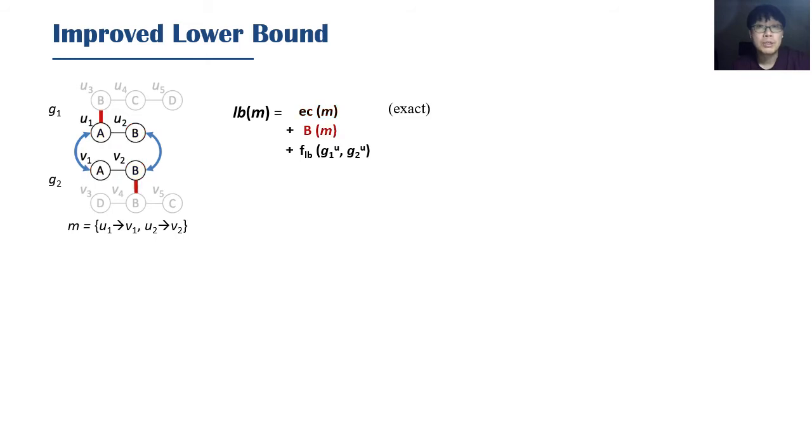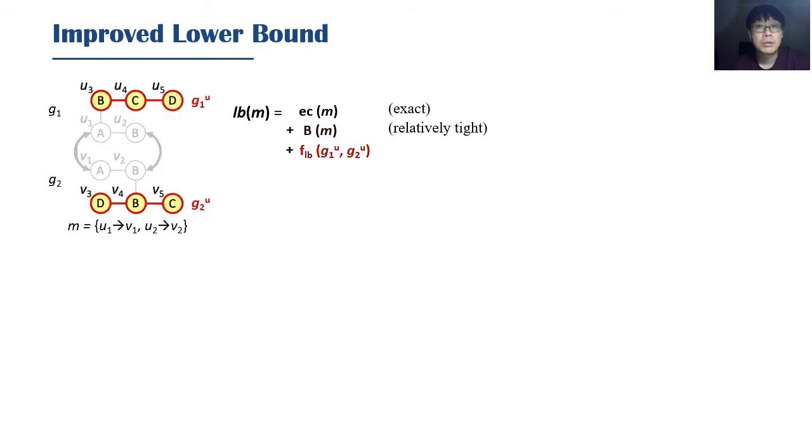Then we compute a lower bound of the edit cost in bridges, where a bridge is an edge connecting a vertex in the mapped part to a vertex in the unmapped part. This lower bound is relatively tight because we can partially use the mapping information from one endpoint of each bridge.